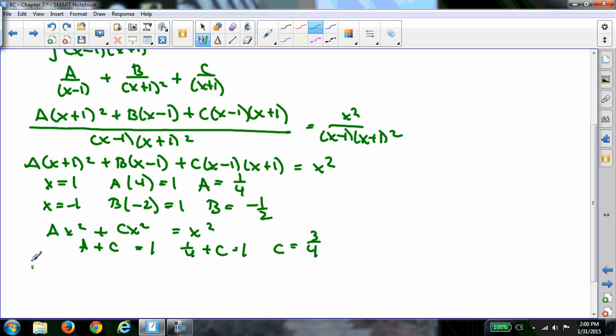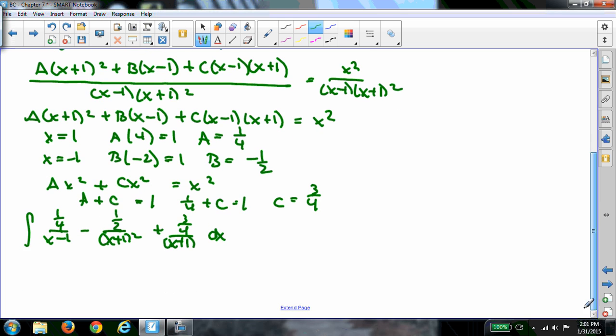That means this integral can be rewritten as 1/4 over x minus 1 minus 1/2 over x plus 1 squared plus 3/4 over x plus 1. And now integrating each of these pieces would be 1/4 natural log of the absolute value of x minus 1 plus 1/2 times 1 over x plus 1.